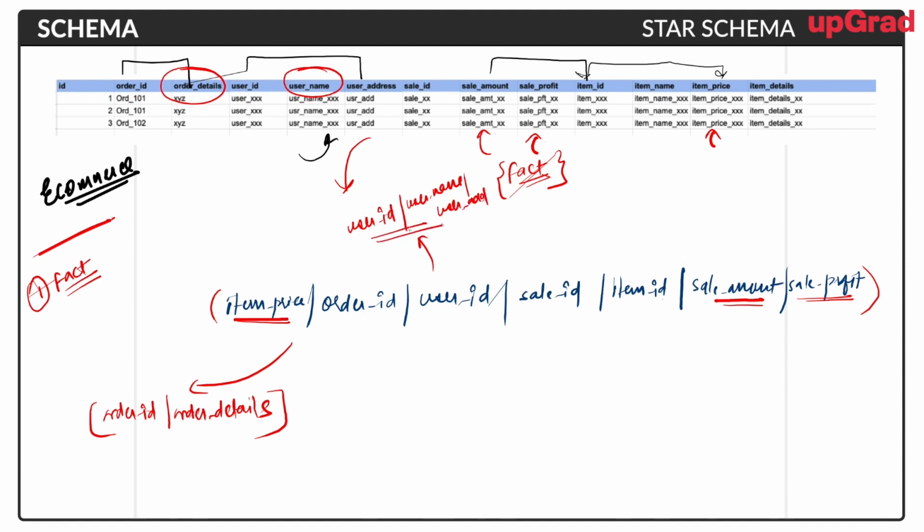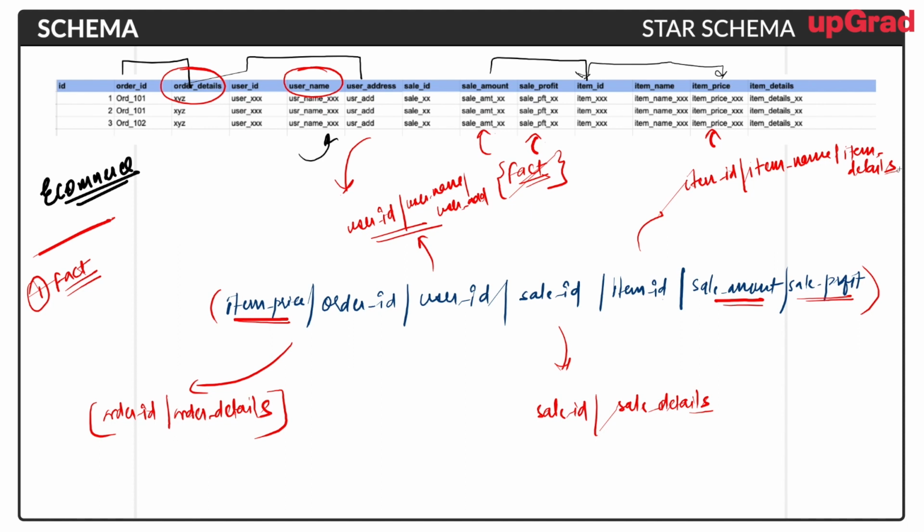So this will be another table. For the sale ID, we could have an identifier where we have sale_id, sale_details. For item, again, we could have another table here. We'll have item_id, item_name, and item_details.